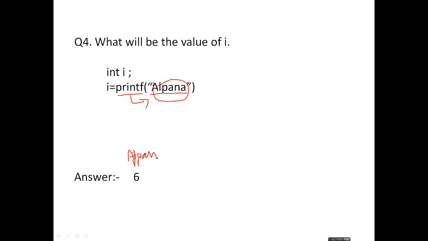After that, it returns the number of characters processed: 1, 2, 3, 4, 5 and 6 characters. So this 6 goes to I. So I is equal to 6.